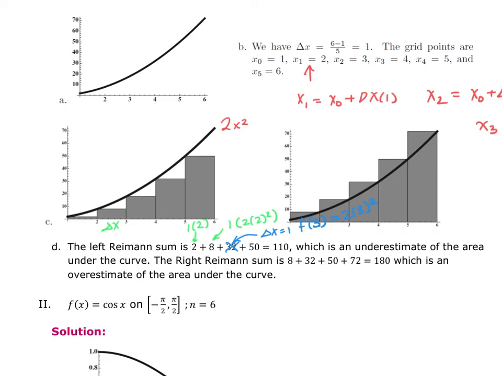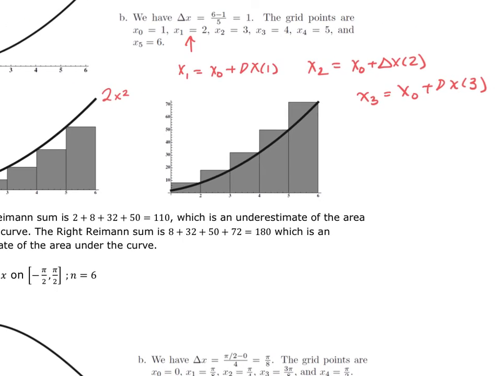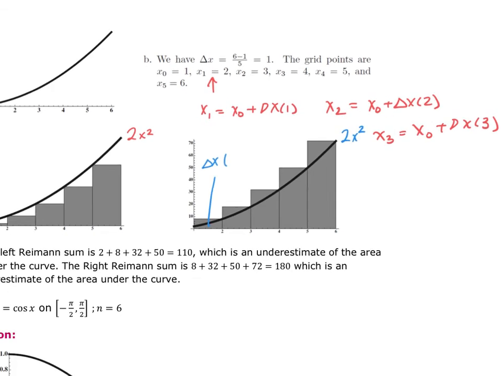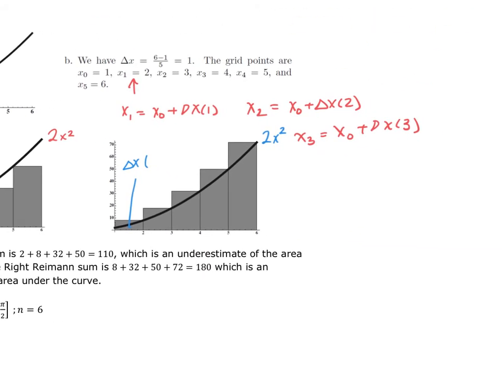Now, if I'm doing it on the other side, so now I'm doing my right-hand side, this area would be still delta x multiplied by, this is still 2x squared. So it is squared, right? Yes, okay, cool. All right, so this time my height here, that rectangle is going to be 2 multiplied by 2 squared.